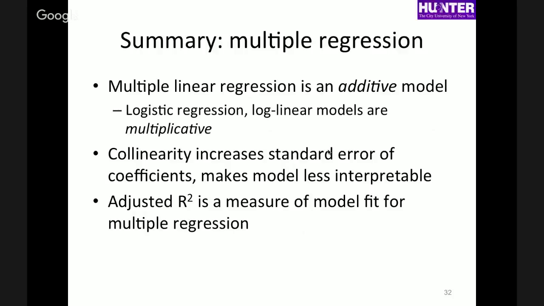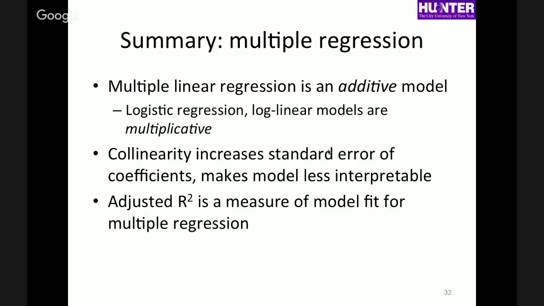Colinearity is when you have correlation between your predictor variables. As I mentioned, you can identify it by making plots, by doing pairwise tests like correlation, chi-squared tests. You can also notice it in your regression table from very large standard errors of any of your coefficients.